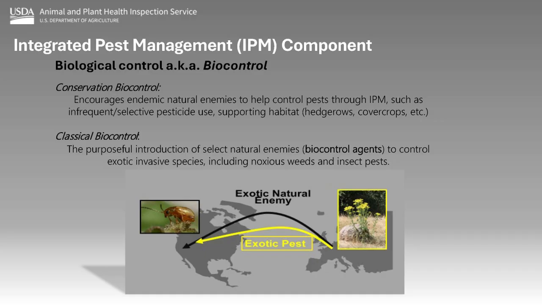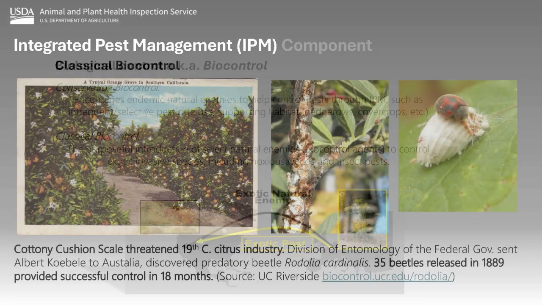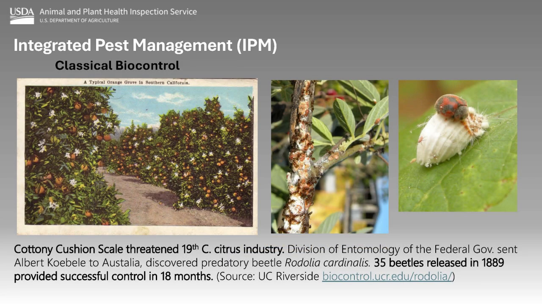So here you see an example of tansy ragwort, originally from Europe, and then a subsequent introduction of the tansy ragwort flea beetle, which has been used to effectively control that exotic pest. So this is called classical in part because it's been around a long time, and more importantly, it kind of coined the term in the literature for biocontrol.